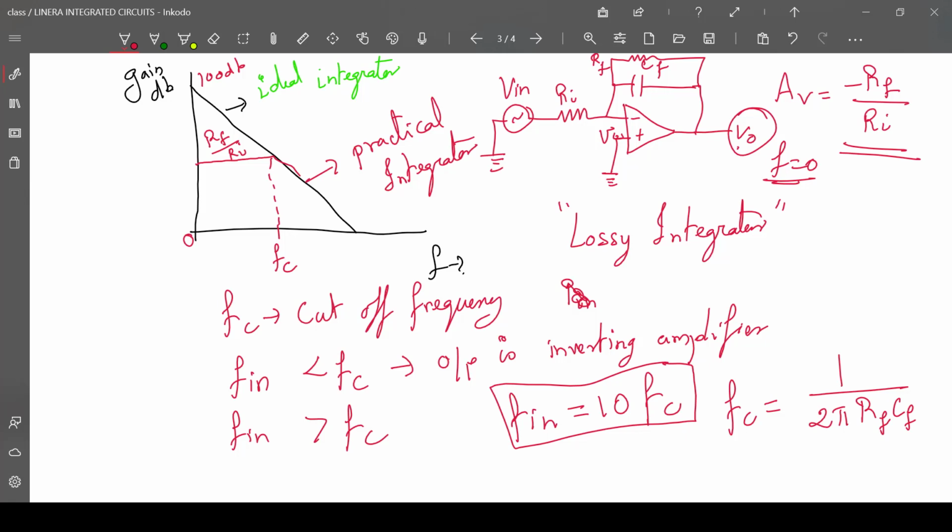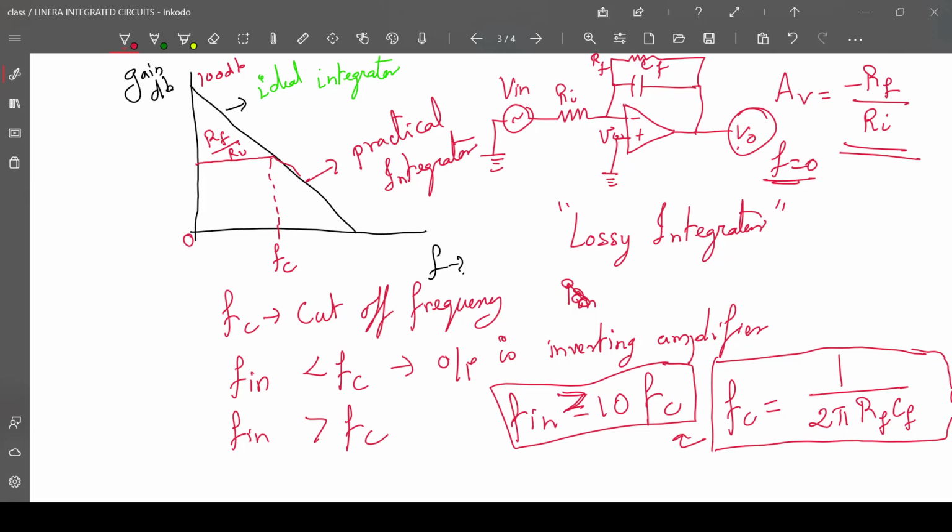By considering the feedback resistance and capacitance, the corner frequency or cutoff frequency level of the integrator circuit will be defined. The input frequency should be 10 times more than the corner frequency or cutoff frequency.